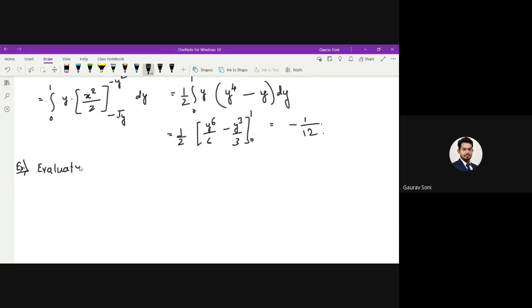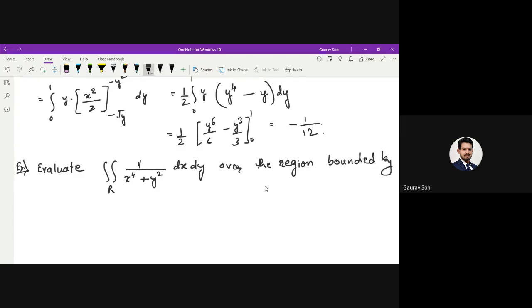Evaluate the double integral over R of 1 upon x raised to 4 plus y square, dx dy, over the region bounded by y greater than or equal to x square, x greater than or equal to 1.